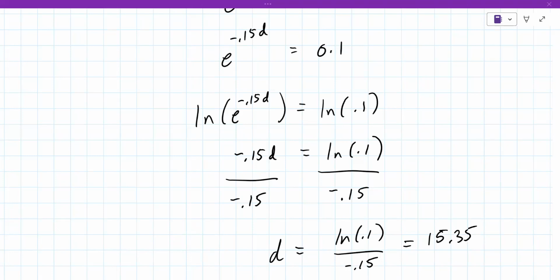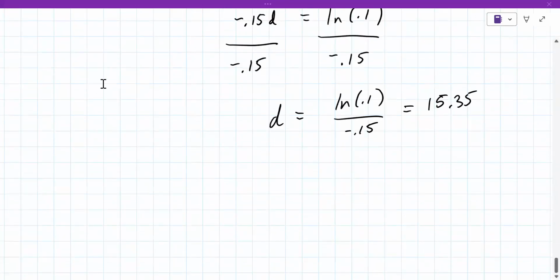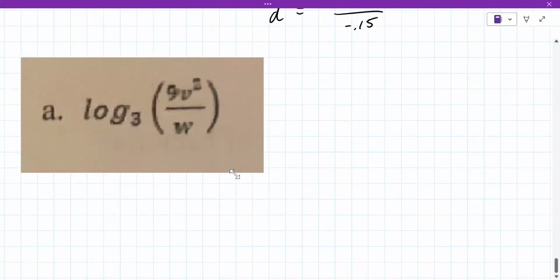13A. Let me know when you're ready for us to move on. I'm ready. Okay. All right. So it says to write each expression as the sum and or difference of logarithms. There's two types of problems. There's expand, which we're seeing in this grouping, and then we're going to compress or condense in upcoming problems.